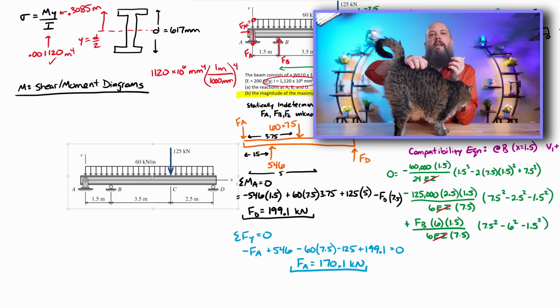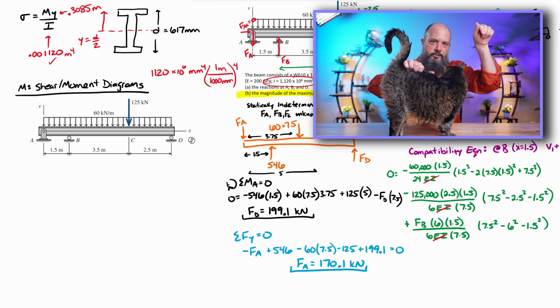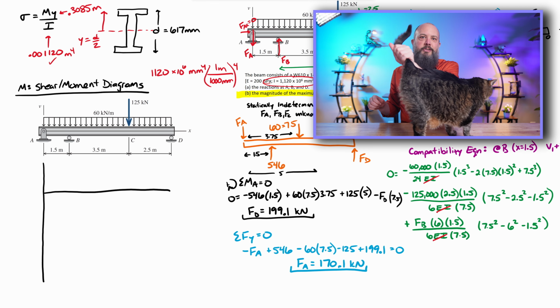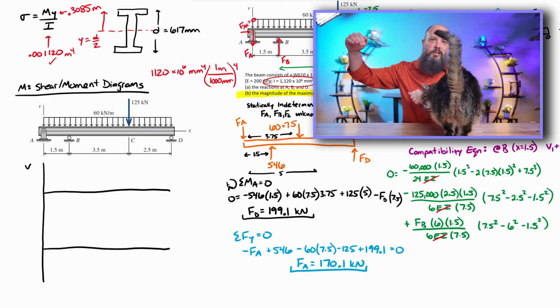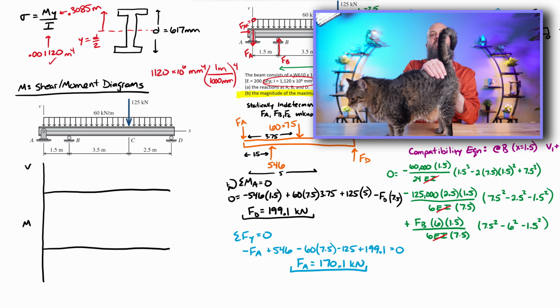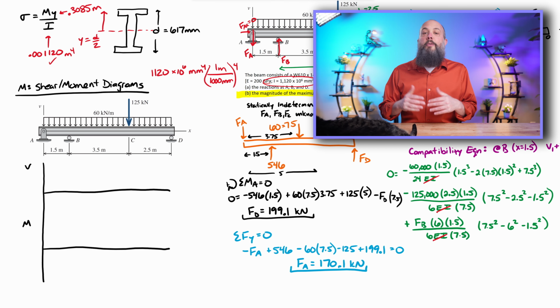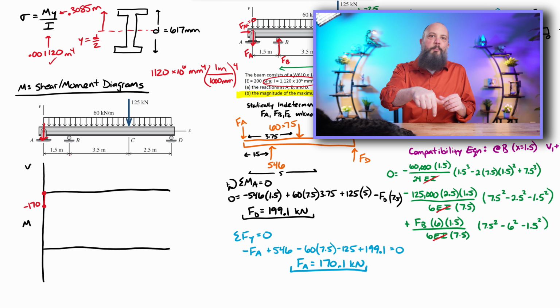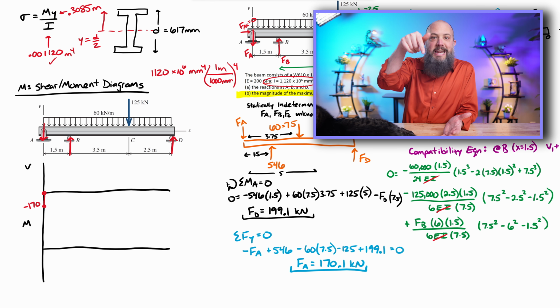To do that, you need a shear and moment diagram, and we need to find where the maximum moment is on this beam. The force at A is pointing down, so we go straight down 170. Because of the rectangular distributed load, it slopes downwards at a slope of 60. Over a horizontal distance of 1.5, I'm going down 1.5 times 60, so down 90.